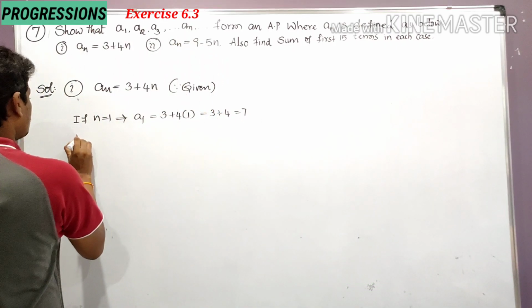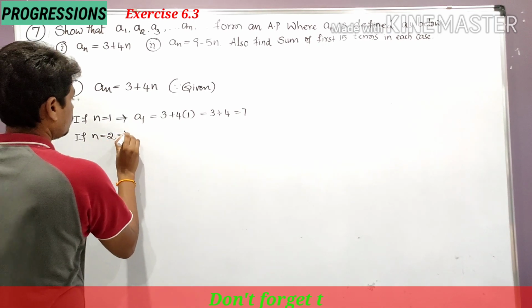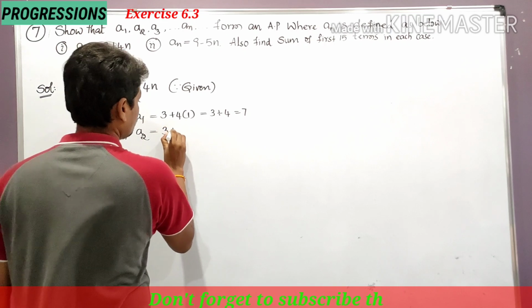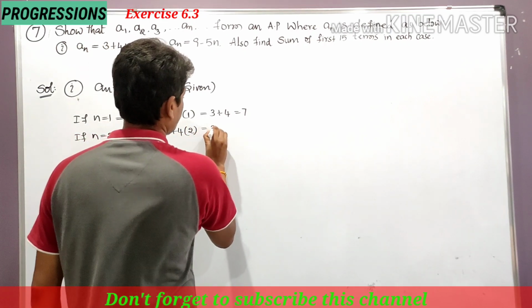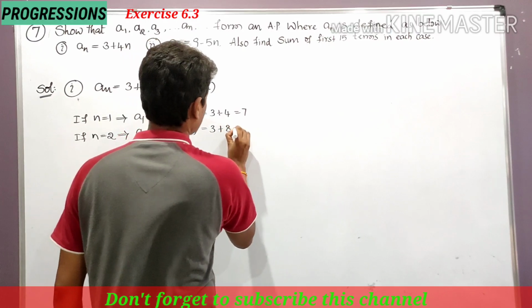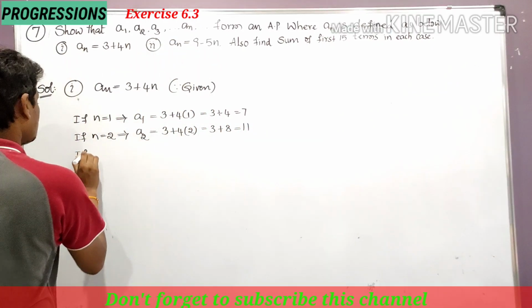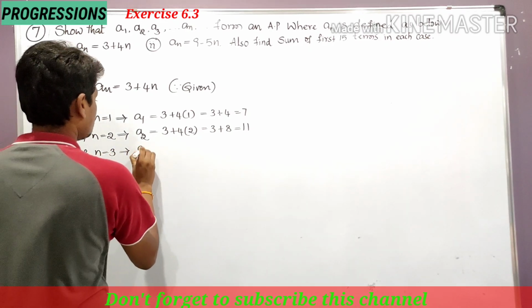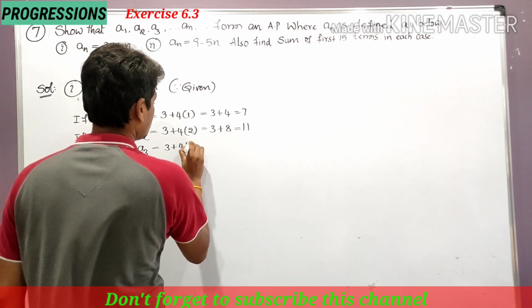If n is equal to 2, a2 is equal to 3 plus 4 into 2. So 4 into 2 is 8, 3 plus 8 is 11. In the same way, if n is equal to 3, a3 is equal to 3 plus 4 into 3.